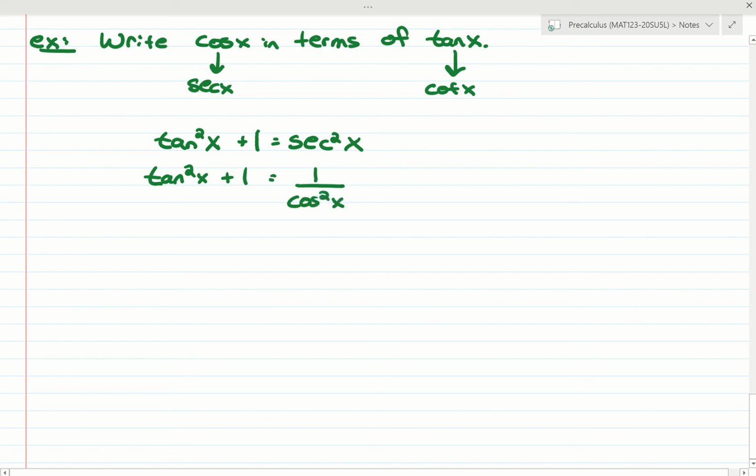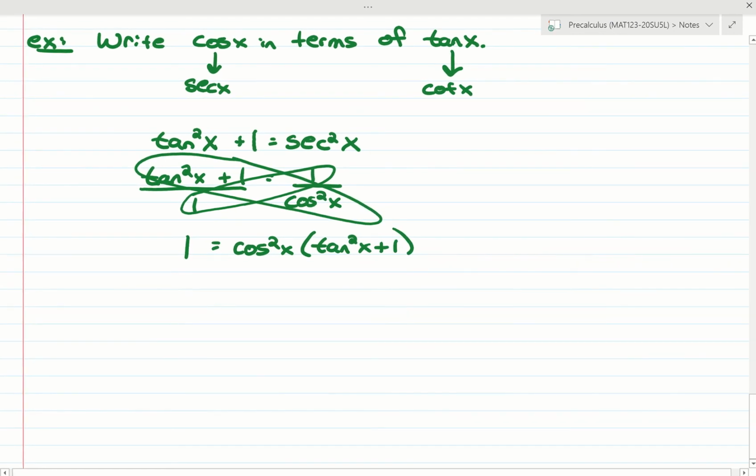And now we want to try to solve for cosine, right? So let's just cross multiply. We don't have to make this a super difficult thing. I'm going to multiply here. 1 times 1 is equal to the cosine squared of x times tangent squared of x plus 1.